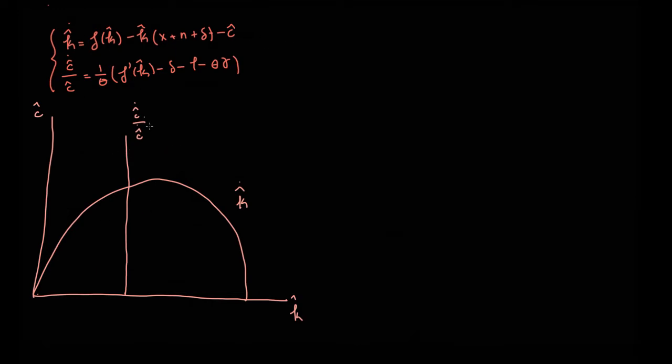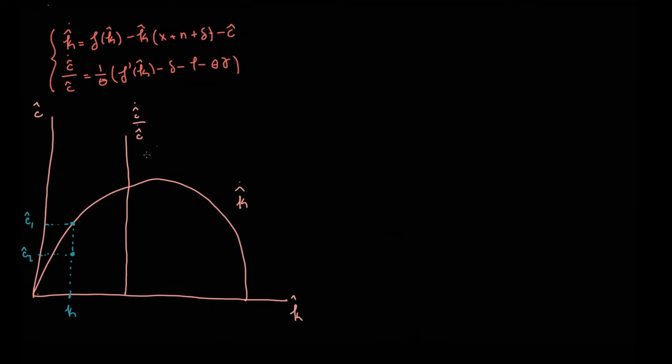So we'll start with the K hat, and the way to do it is to just test points. We'll pick two values of C hat, one greater than the other, and importantly, one will be on the K hat equilibrium schedule, and one will be off of it. So let's call this one C hat 1 and this one C hat 2.